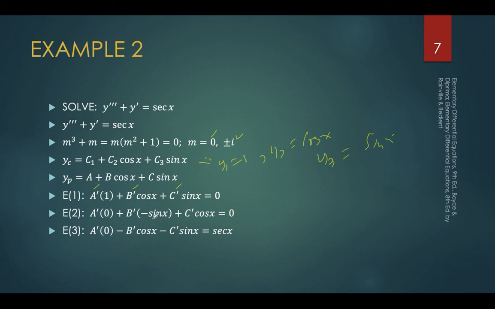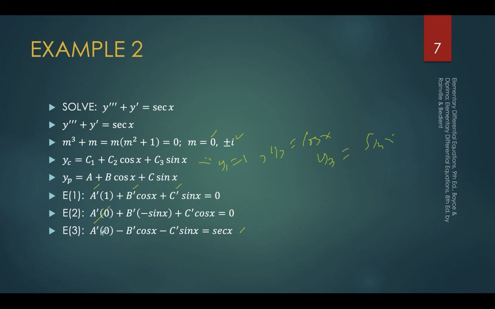Cosine, the first derivative is negative sine x, so differentiate again, you get negative cosine x. Sine x, derivative is cosine x, derivative of cosine x is negative sine. So first two equations, both 0, and then we put, okay, in the third equation, your r of x, which is secant x.